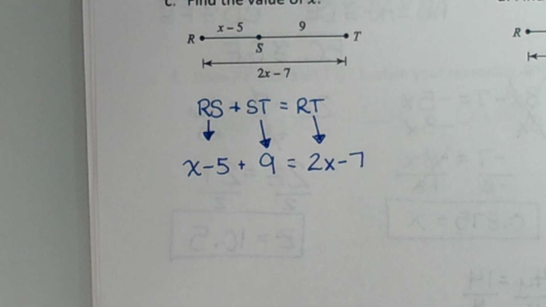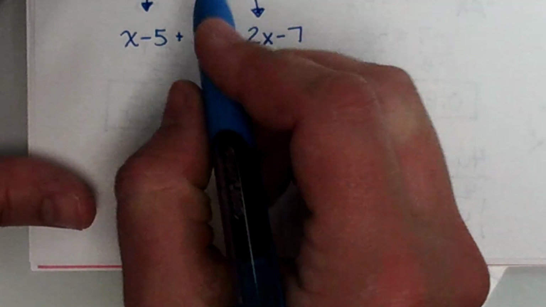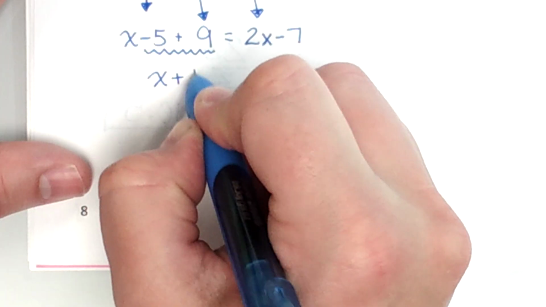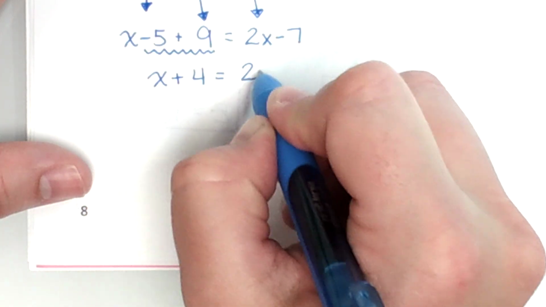Okay, how do I solve an equation like that? Where do I start? You should combine your like terms, specifically the -5 and the 9. So wouldn't you get 4? You would get positive 4. X plus 4 equals 2x minus 7.